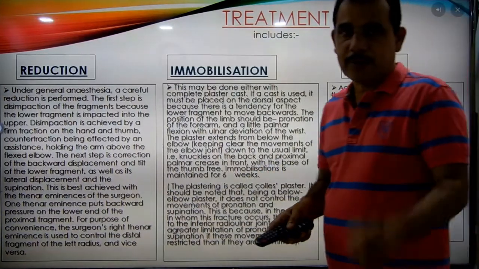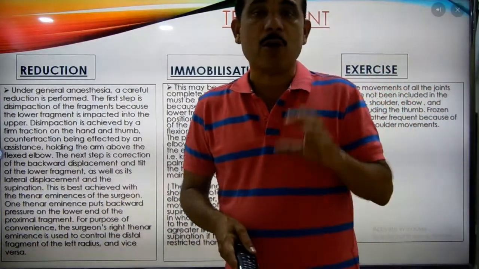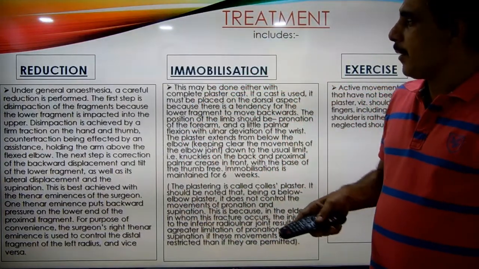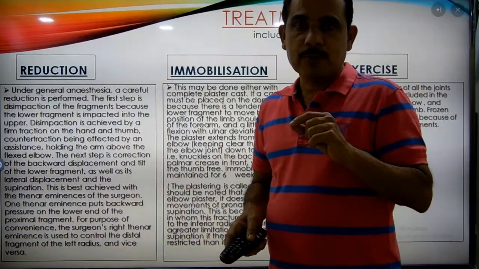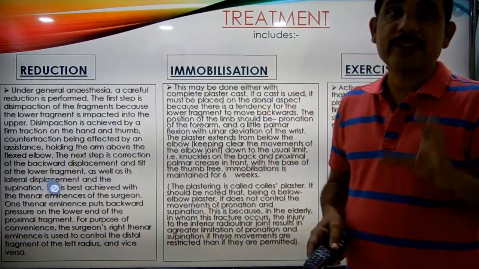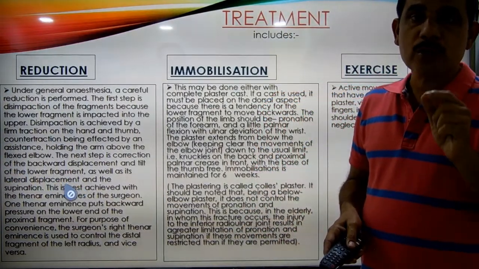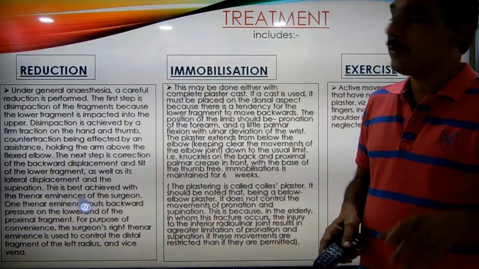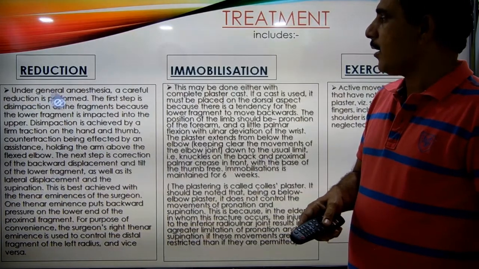First of all, reduction means whatever displacement has occurred at the time of the fracture should be corrected by reduction. Reduction of the Colles fracture is carried out by closed manipulation under general anesthesia.